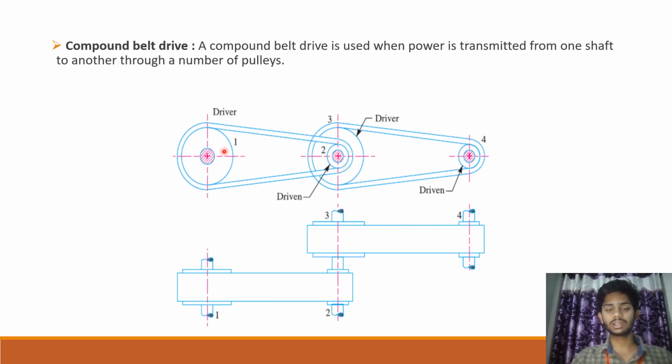So this is for the first belt drive, here is the driver and here is the driven. In the second belt drive, you can see the first belt drive's driven acts as the driver and this is the driven. So you can see here the total picture of the compound belt drive.